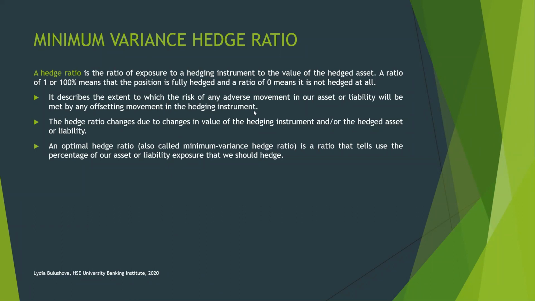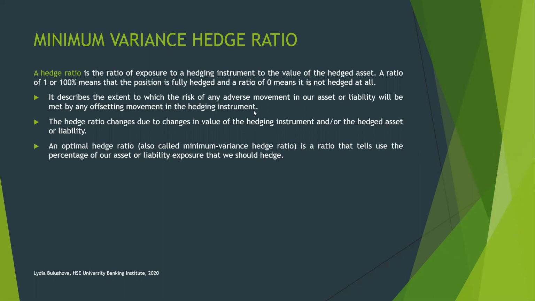If we don't hedge our position, we face market risk. In some cases, bearing significant market risk is too risky for a corporation, for a non-financial firm, and even for a financial institution. So it's very important to calculate an optimal hedge ratio.